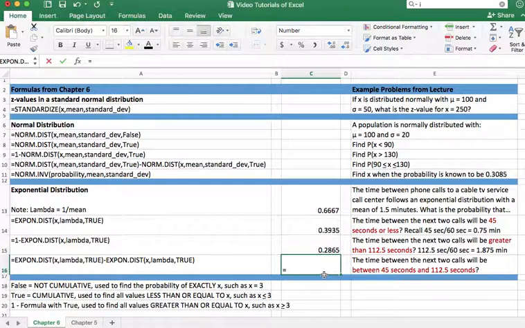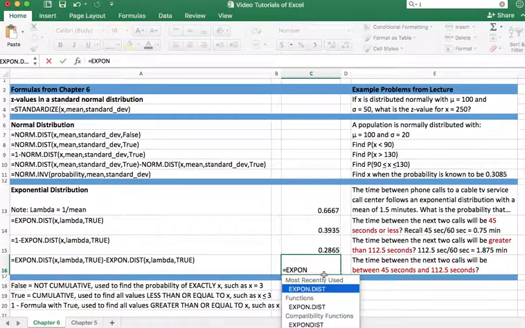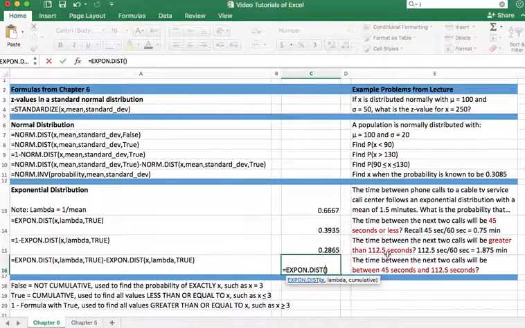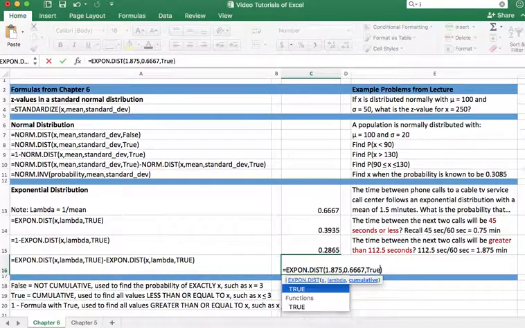So we'll do equal sign, exponential distribution, our x or our a for the bigger number of 112.5 seconds. Recall we converted it, so that's the 1.875, comma, the lambda is 0.6667, comma, true.